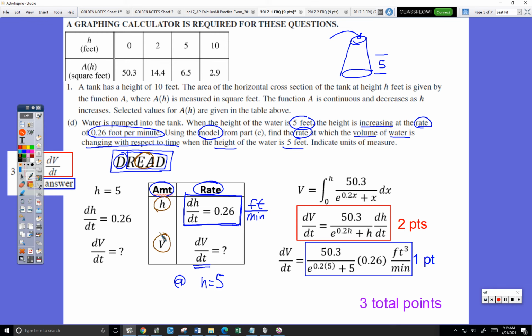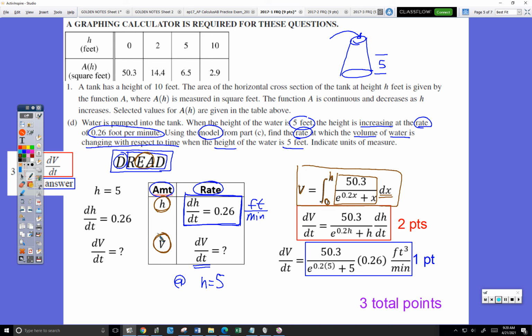Well, that's the equation I used in part C. The volume is found by taking the area of every cross-section and multiplying by the thickness of the cross-section. If we do that from 0 to whatever h we pick, that will give us the volume of the object at any height. So this is our formula that uses the amounts. It uses h and it uses V.